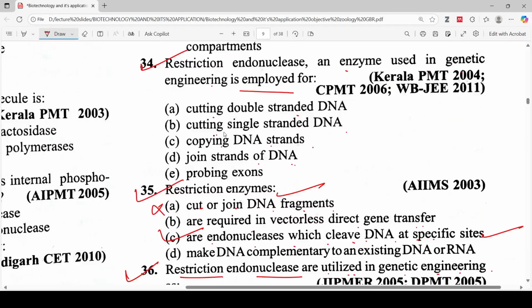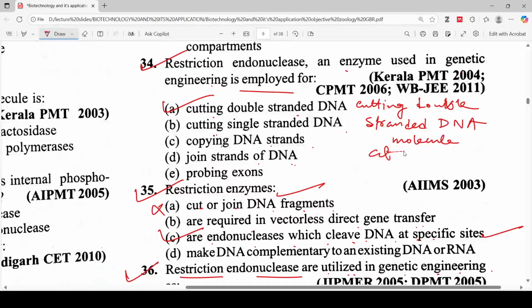So the correct answer is option A, cutting the double stranded DNA molecule at a specific site of the DNA molecule.